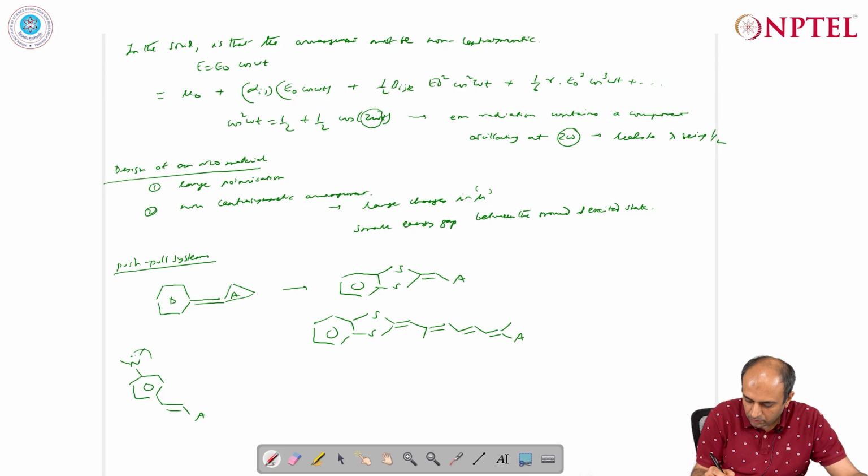So this can push electron density, this is the donor and this is the acceptor, and we can increase the conjugation here as well.